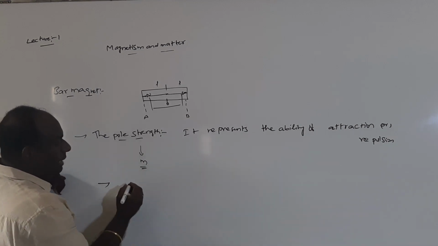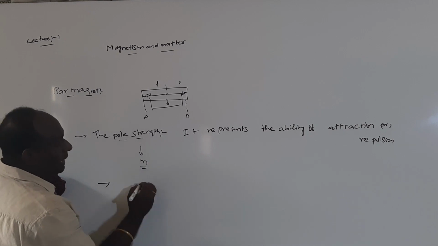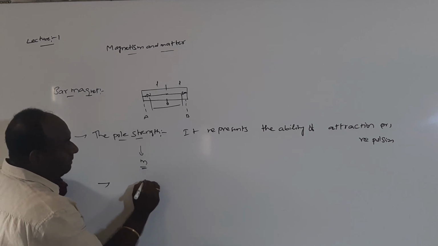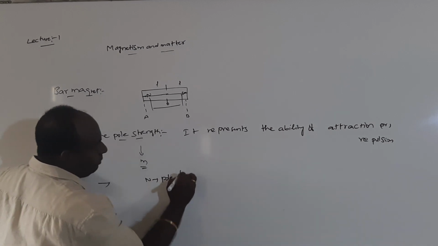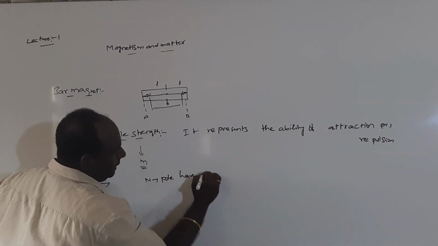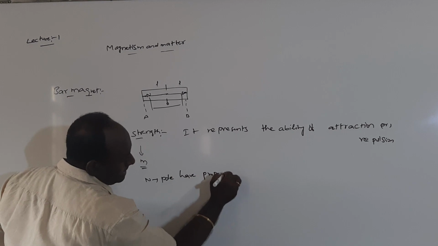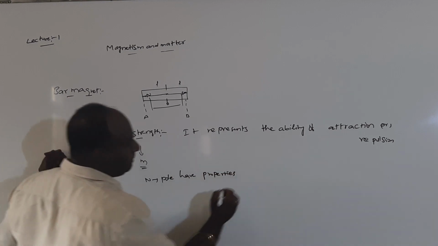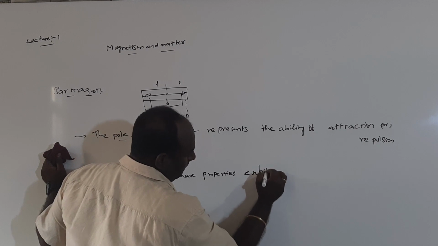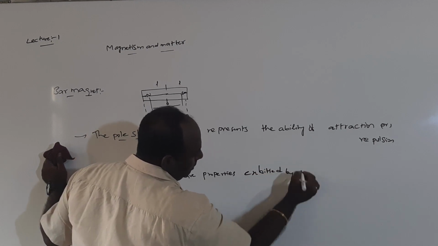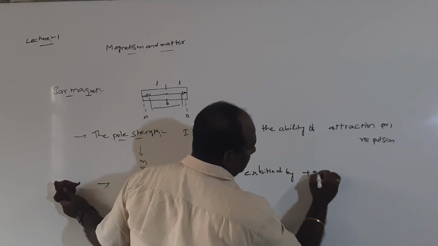If you see this bar magnet, whatever the properties possessed by the north pole, it has the same properties exhibited by a positive charge.